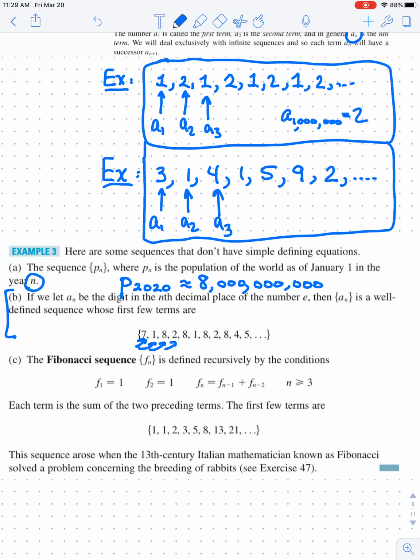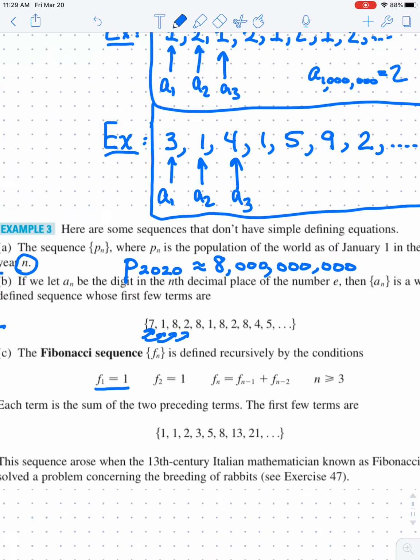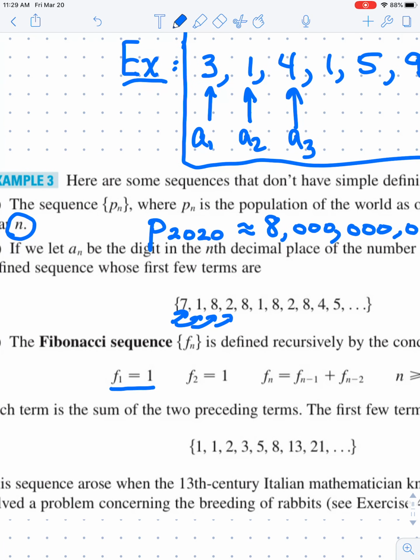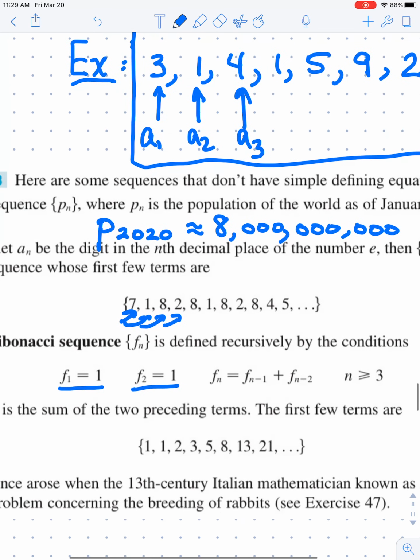Or, and maybe you've seen this before, there's something called the Fibonacci sequence, which is a sequence of numbers where the first term in the sequence, so here we're calling the sequence Fn instead of An, and so we're going to have F1, F2, and then rather than saying what F3 and F4 are, we give this formula that says Fn is F(n-1) plus F(n-2).